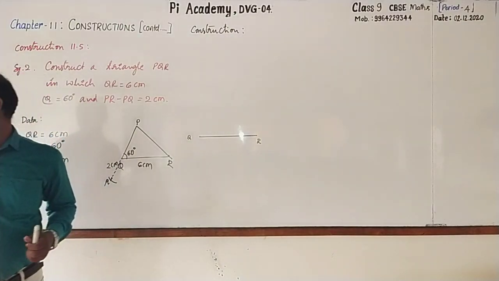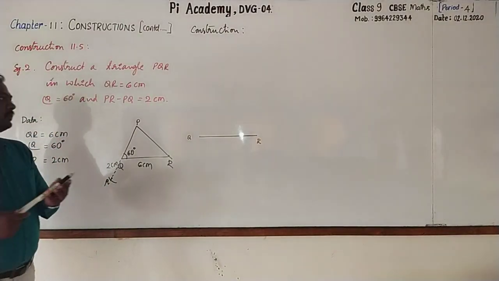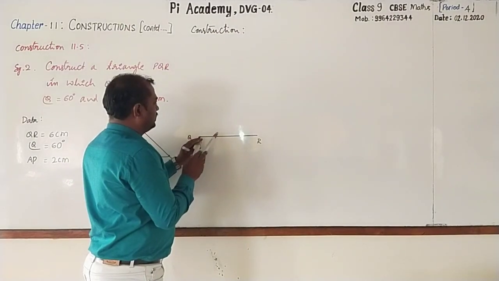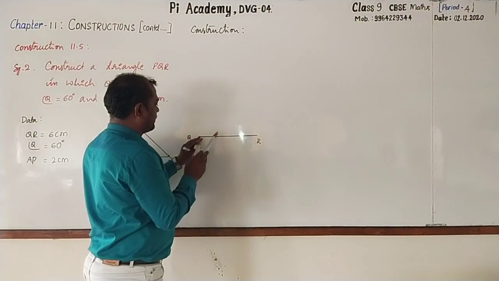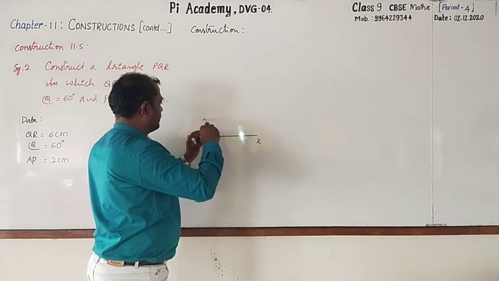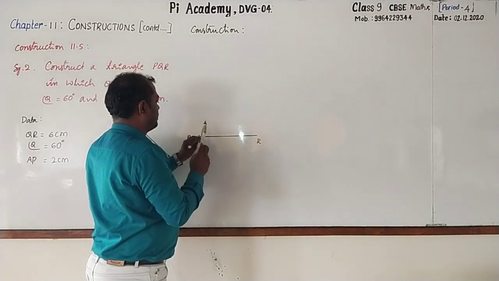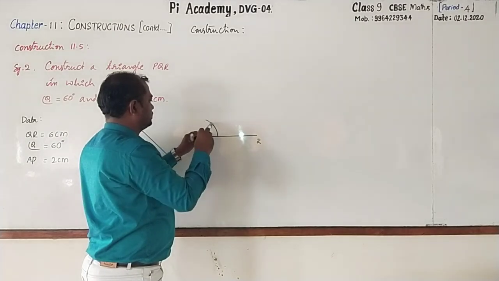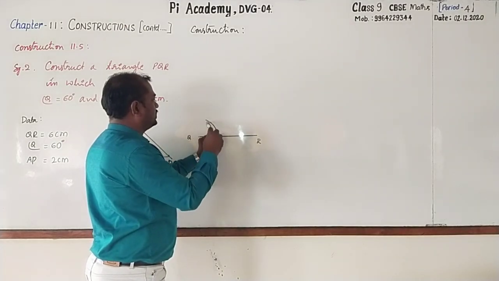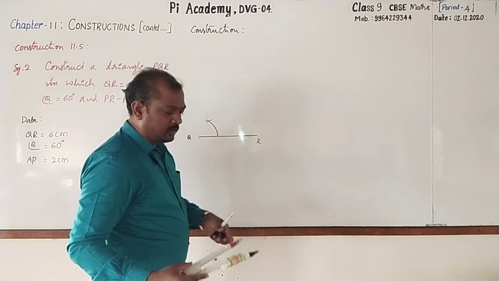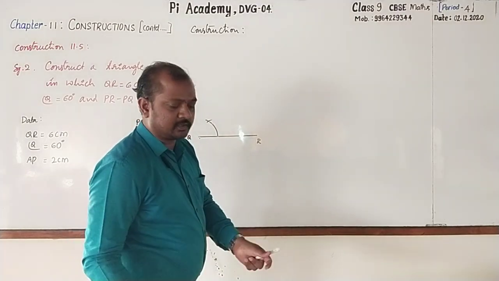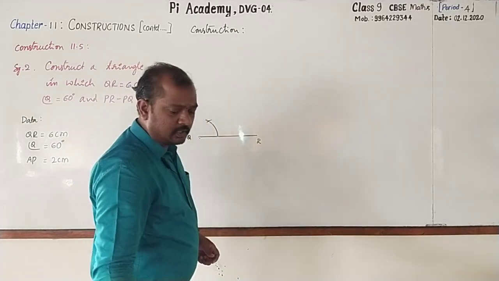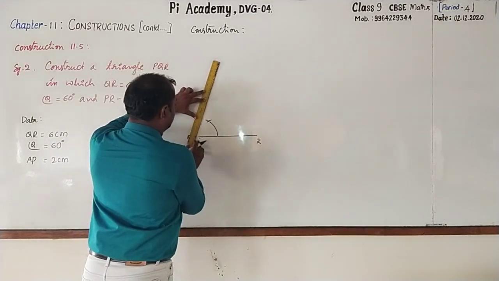Take compasses. With Q as center, draw an arc of any radius. Next, with this point as center, without changing the radius, draw an arc which cuts the previous arc at a point. Through this point, draw a line from Q.